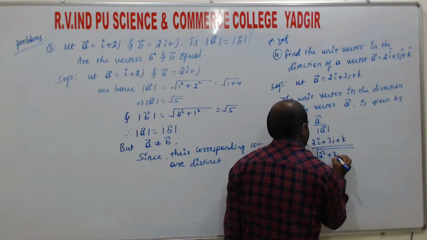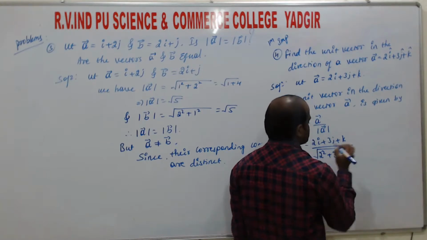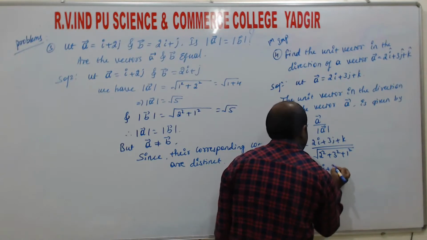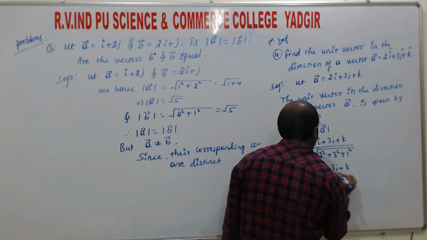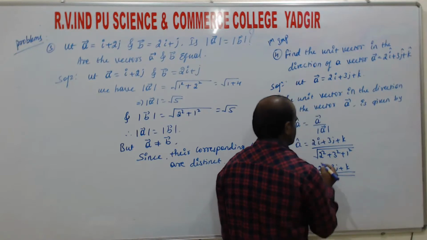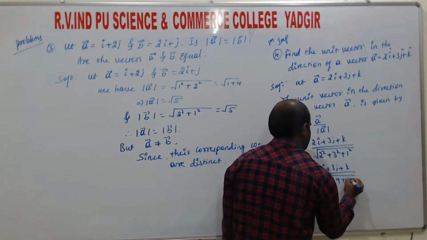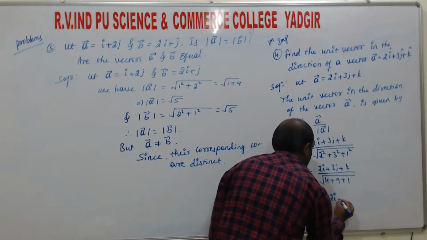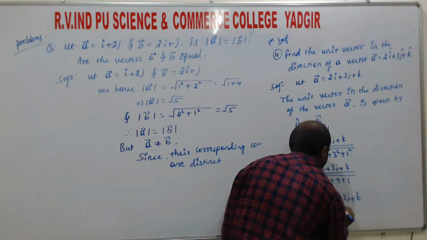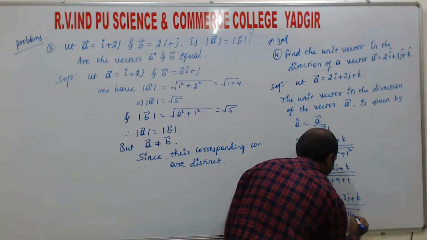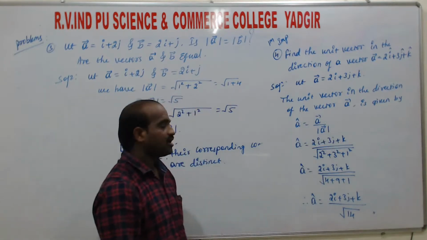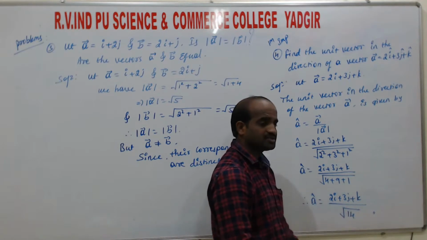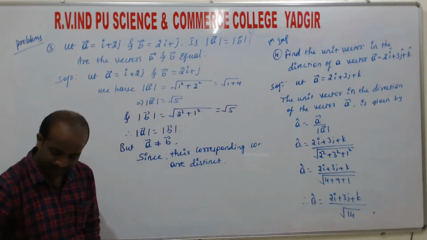Now 2 square plus 3 square plus 1 square, that is 4 plus 9 plus 1. A cap is equal to 2i plus 3j plus k, whole divided by root 14. This is the answer. Or 2 divided by root 14 i plus 3 divided by root 14 j plus 1 divided by root 14 k.